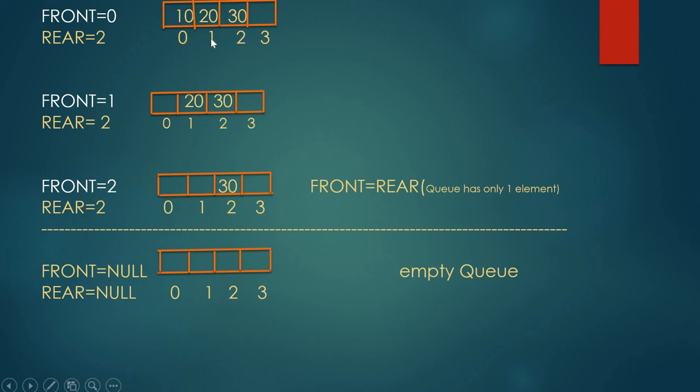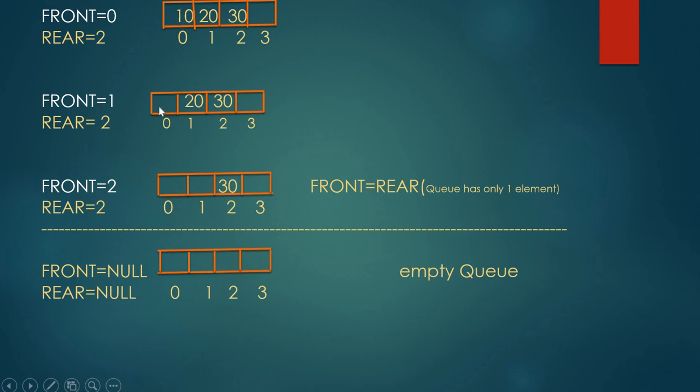Here, the first inserted element is 10. So we need to delete 10 because queue is first in, first out. In this case, we are going to delete 10.